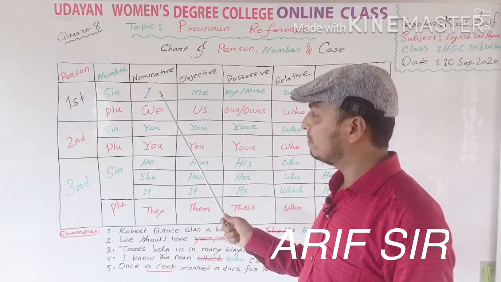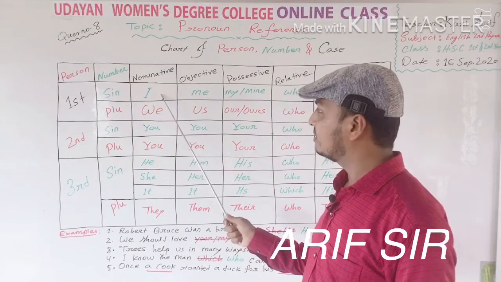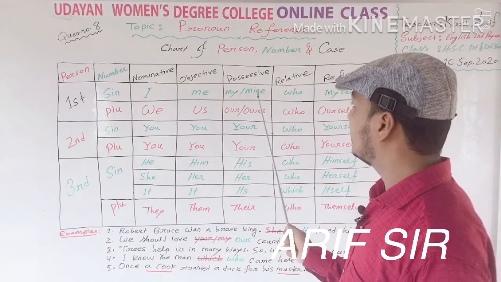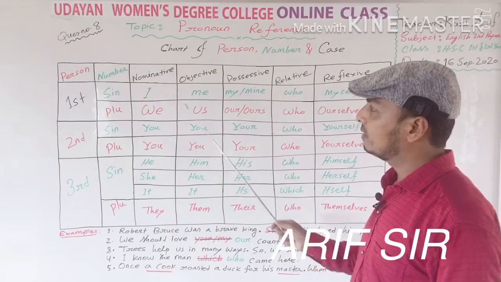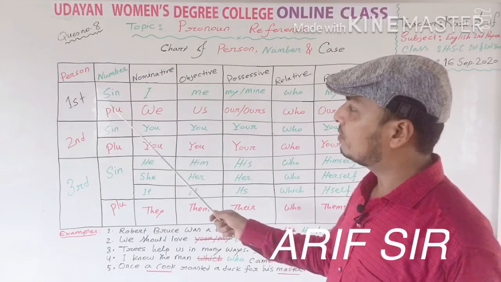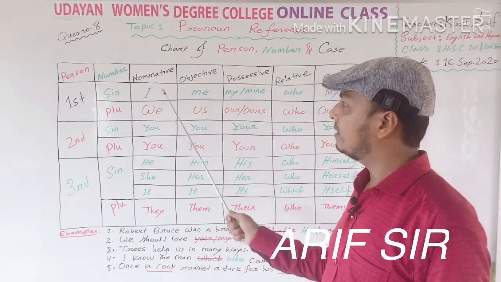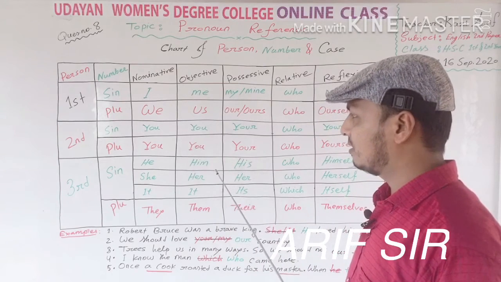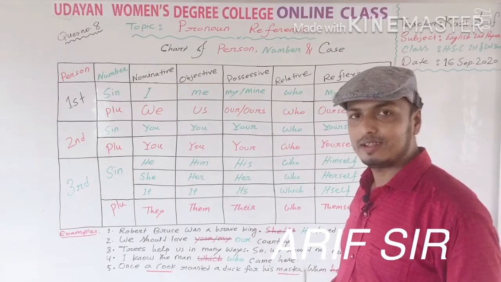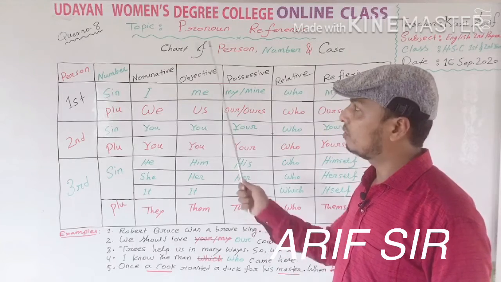I is subjective, me objective, my or mine possessive, who relative, myself reflexive. At the same time you have to know the person, number and case of the pronoun. So you have to follow the chart. The chart is very important for your pronoun reference.